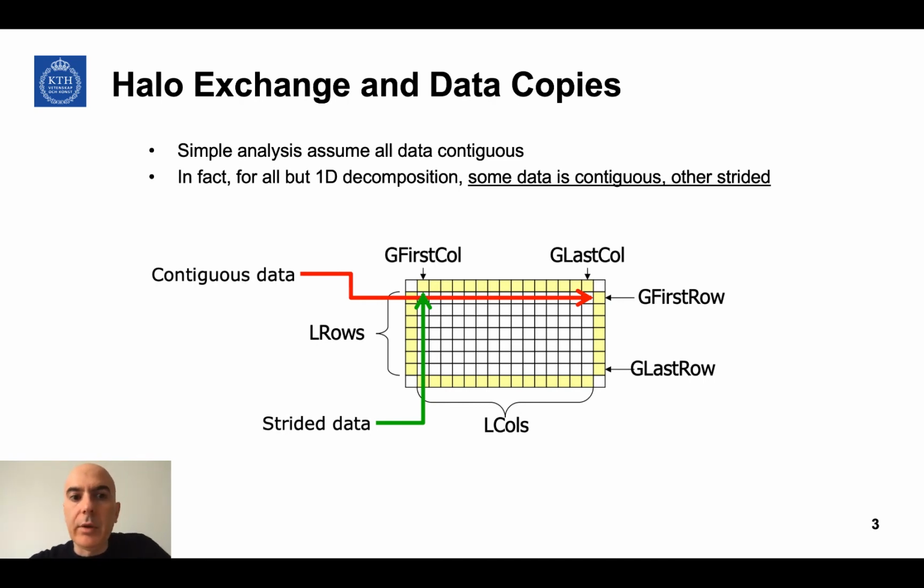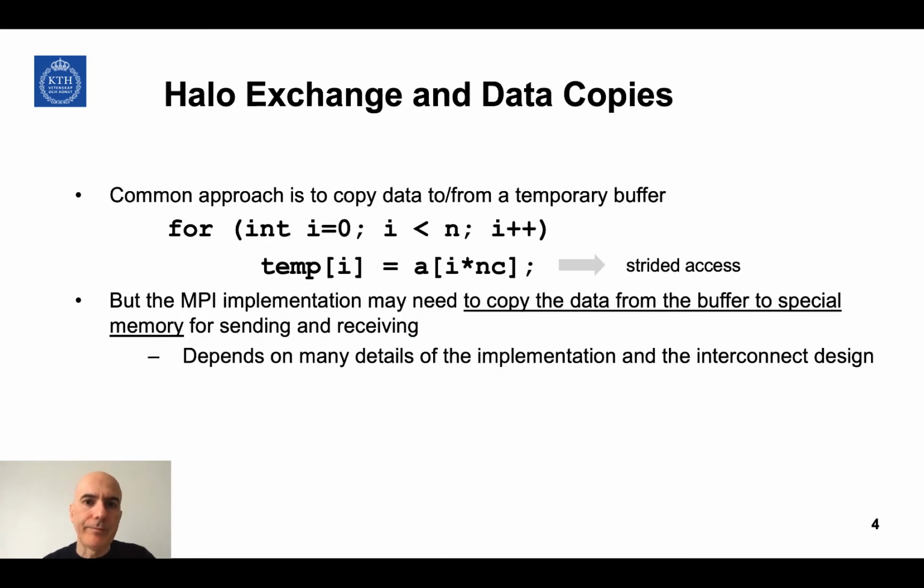So in fact, for all but one decomposition, some data is contiguous, others is actually strided. So one possible usage of MPI data types is to have a contiguous data representation of strided memory access.